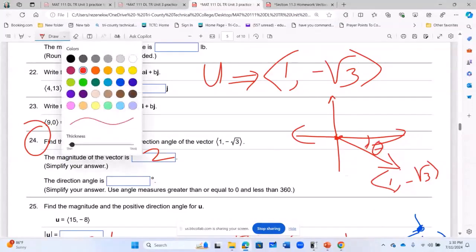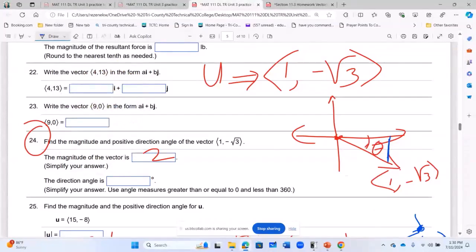For me to find that, I need the angle theta. It's not given to me. The y component is negative square root of 3, and the x component is 1 right here. By the way, this is the component form.